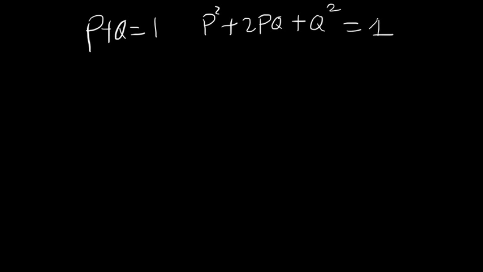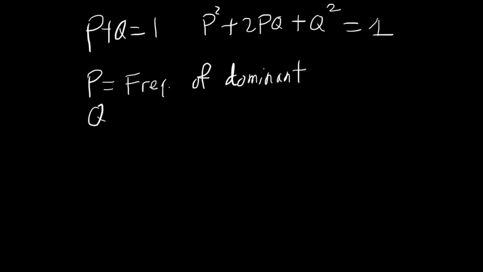Each of these variables, the p's and q's, corresponds with something in the population. The p is the frequency of the dominant allele, and the q is the frequency of the recessive allele. So these two have to add up to 1.